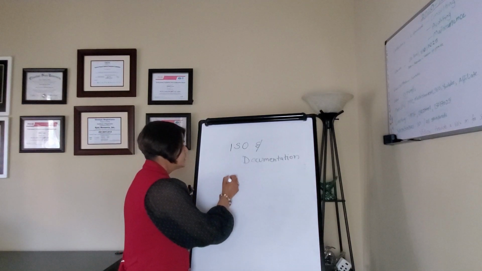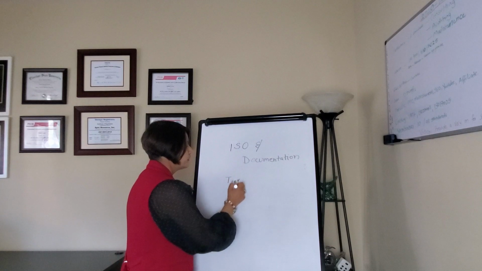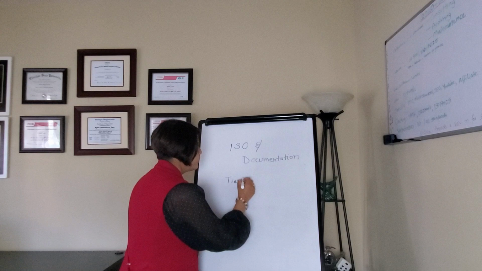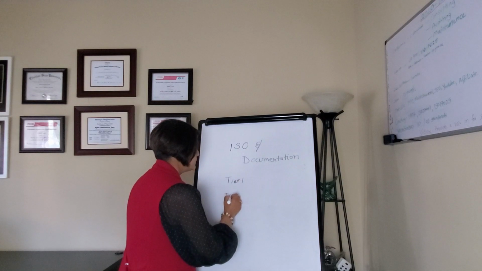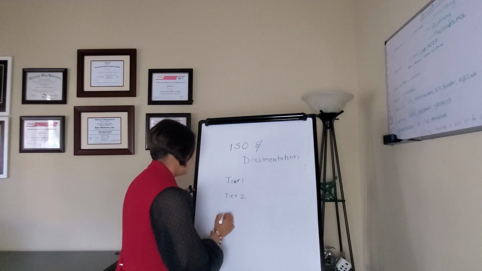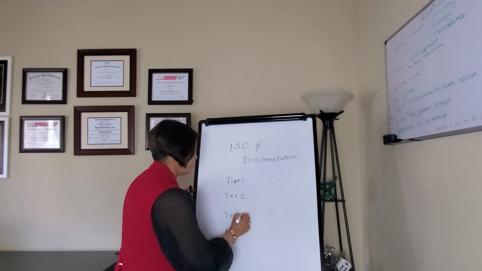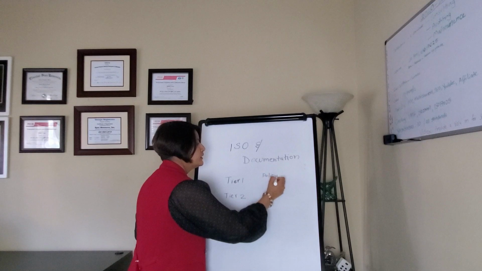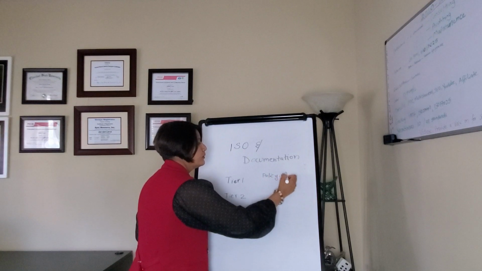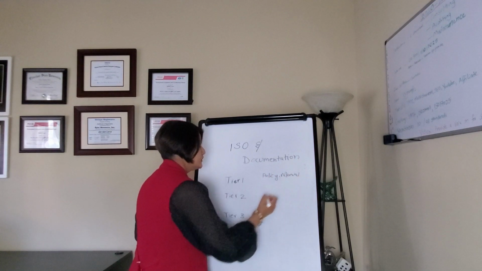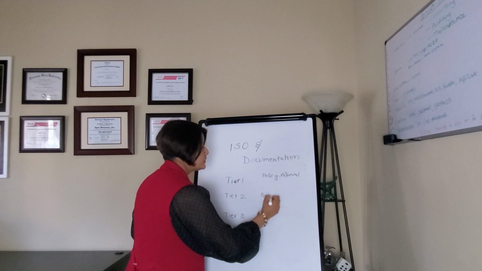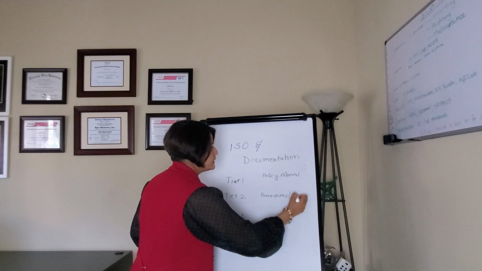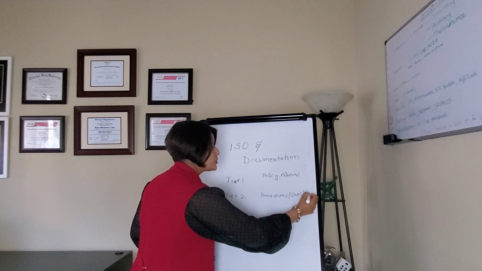people follow the tier diagram, which starts something like this: tier 1, tier 2, tier 3. Tier 1 is policy and manual. Tier 2 is procedures, SOPs or work instructions.